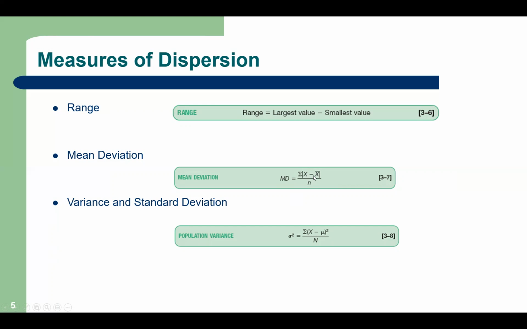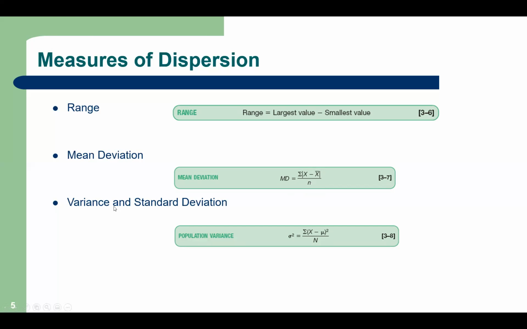We will subtract the mean from each value. X is the value, and I will show this with an example so you get a better understanding of this concept. And we will divide the sum of |x minus x bar| by n. N is the number of observations.